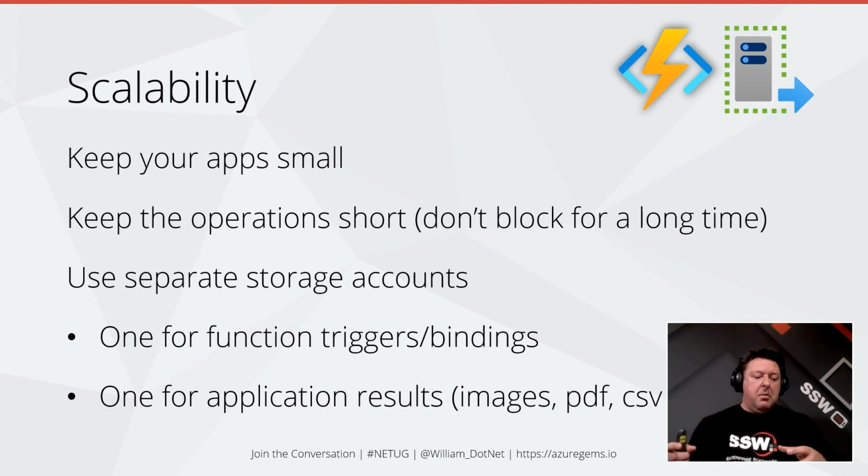You don't want to be writing tons and tons of information to a storage account which the Azure function itself relies on for maintaining its state and keeping its logs. Storage is cheap these days, so why not? Use a second one. And yeah, like I said, one function for the triggers and bindings. Keep them small, and nice and simple.